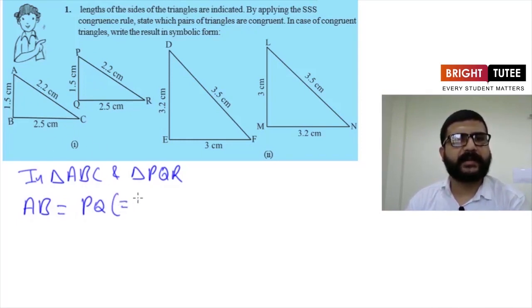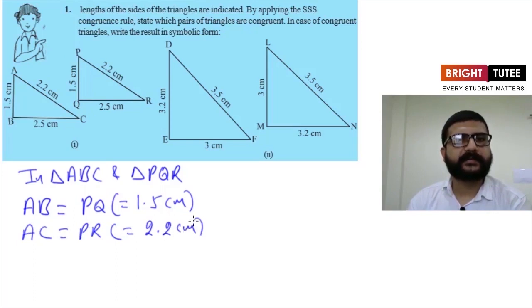We can write it here in the bracket, equal to 1.5 centimeters. And then we are having AC is equal to PR and they both are equal to 2.2 centimeters. So we can write it here, AC is equal to PR and this is equal to 2.2 centimeters.